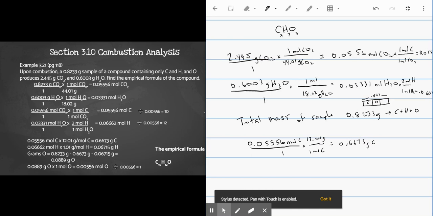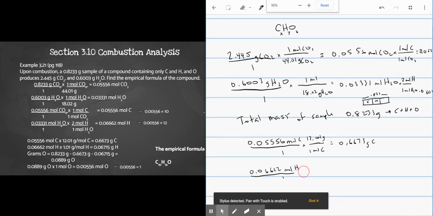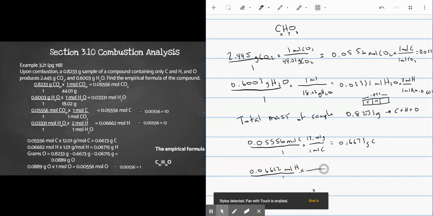And then I had my 0.662 moles of H2O. Moles of H over 1. And I want to change that from 1 mole of H to the grams of H. So that's going to be pretty close to the same number, 0.06715 grams of H.